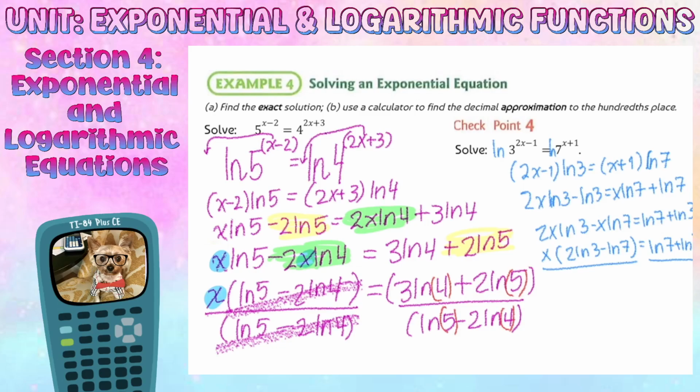Divide both sides by 2 ln 3 minus ln 7, and it's gone. Final answer: x equals ln of 7 plus ln of 3 all over 2 ln 3 minus ln of 7.